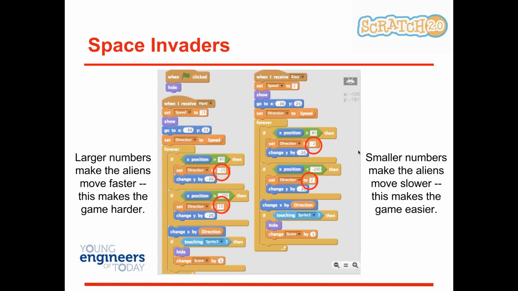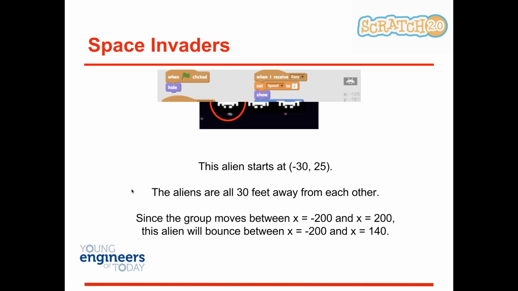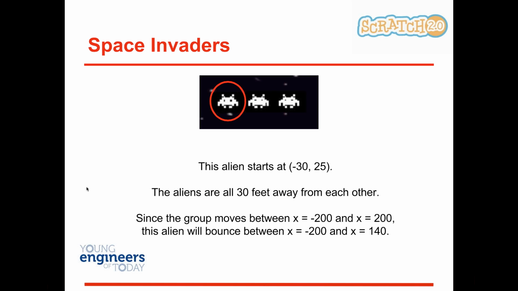Now, right now, we have our 2 sets of code. So when we run this, we should be getting our aliens moving across the screen.